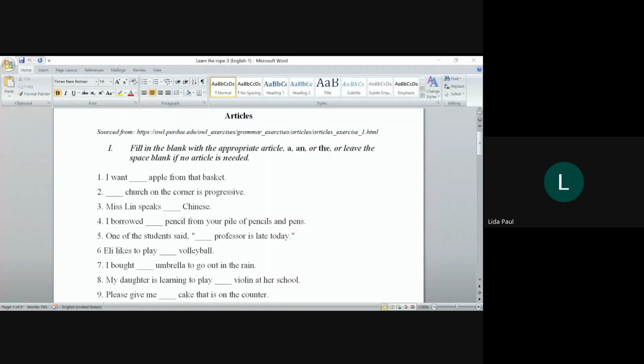Okay. If you're referring to the countability factor of the cake, then you will have to say a piece of cake. Here we don't have it, right? You're simply saying cake. That is one reason. And the second reason is that it specifically mentions what cake they want, which particular cake they are referring to. These are two reasons. Okay.